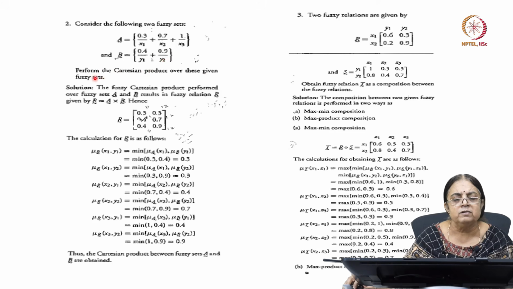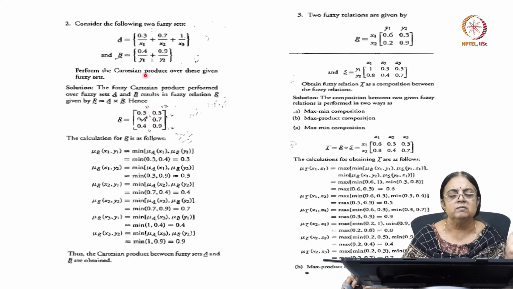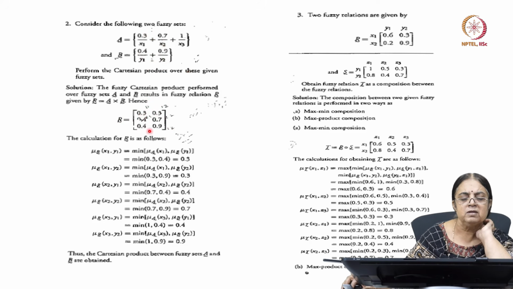In other words, what we want is a relationship A cross B. So A cross B will be in this way. You are going to take 2 by 3 because this is 2 by 3. So mu R of x1 y1 will be the minimum of mu A of x1 and mu B of y1.